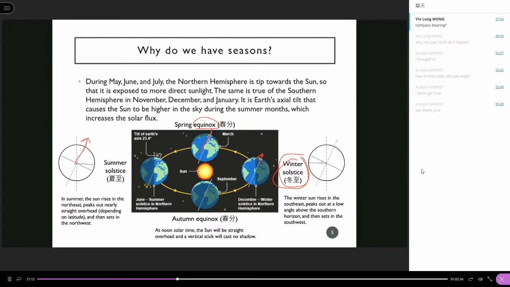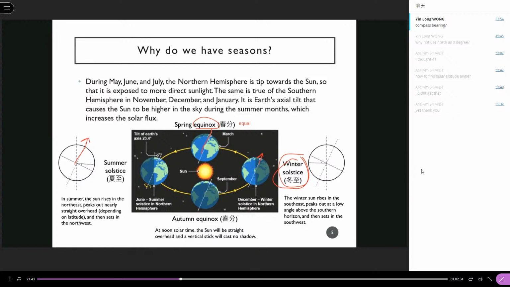It is because on these 2 days, we have equal length of daytime and nighttime, 12 hours of day and 12 hours of night. On the spring equinox or autumn equinox, we have equal length of day and night. How about winter solstice?